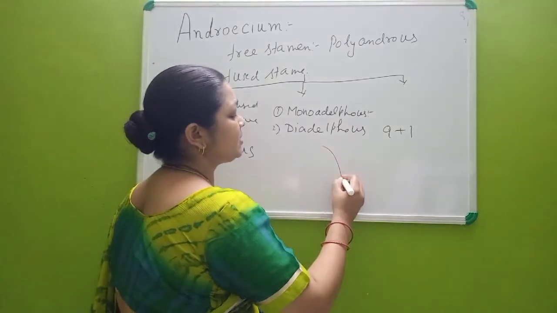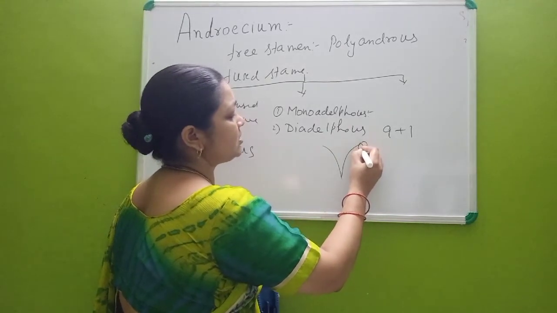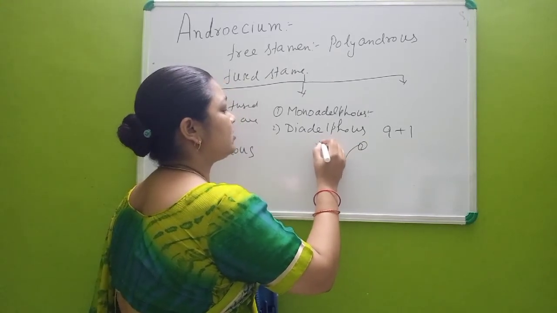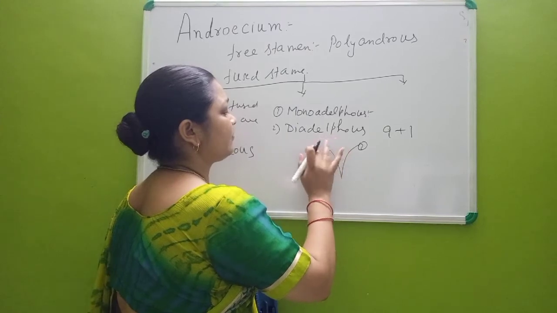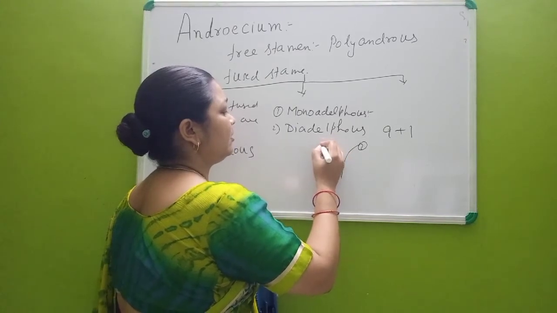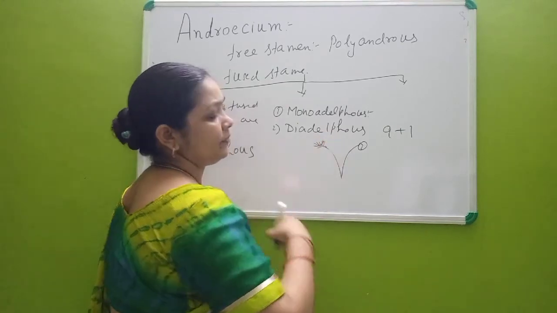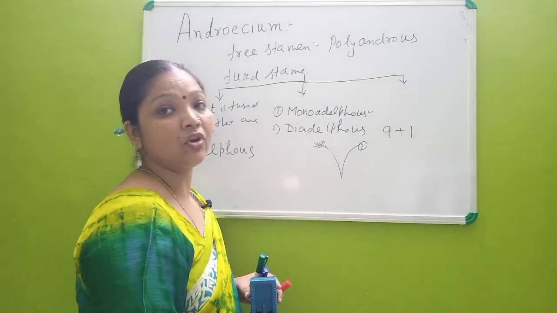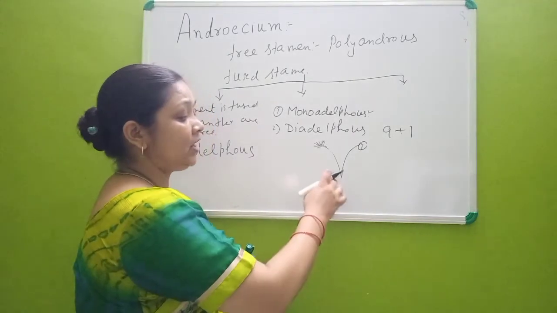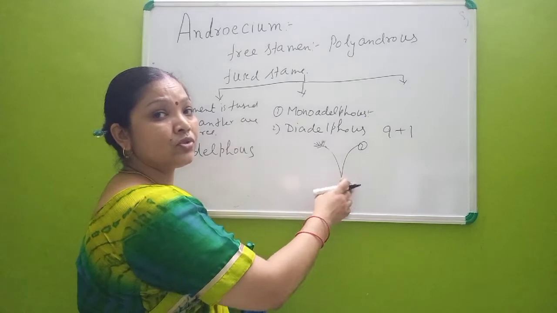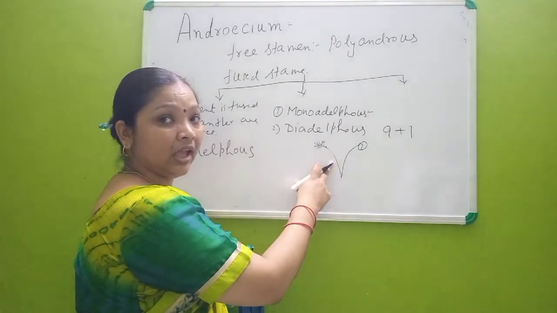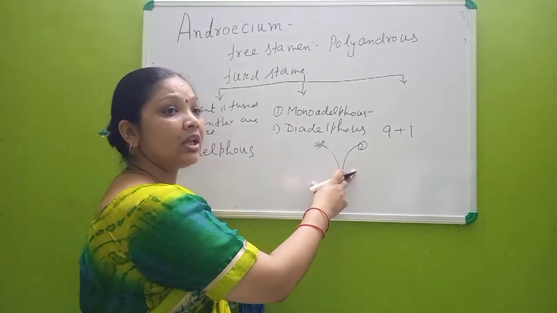For example, one is fused here and there is a fused bundle, that is 9 stamens: 1, 2, 3, 4, 5, 6, 7, 8, 9. This type of arrangement is called Diadelphous because two filament bundles are present, one carrying the 9 anthers and one carrying the single anther.